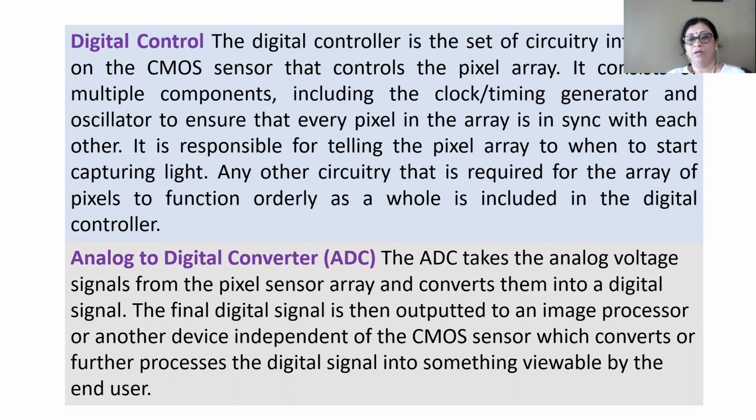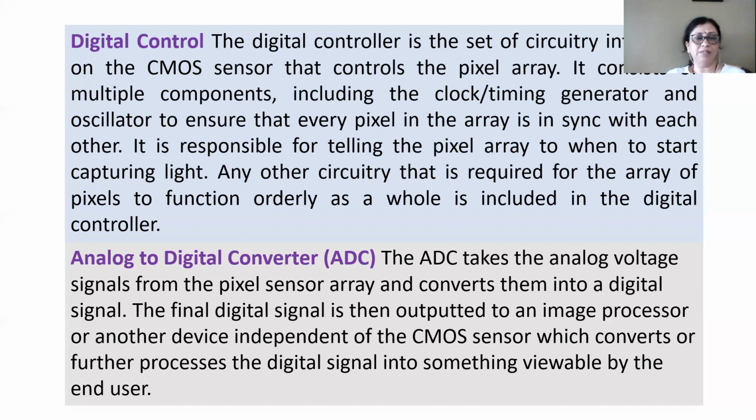As I told you while studying the pixel array, the analog to digital converter is also integrated into the image sensor. This analog to digital converter takes the analog voltage signal from the pixel sensor array and converts it into a digital signal. The final digital signal is outputted to an image processor, because an image processor is required in order to pass this signal to the device where it is required.